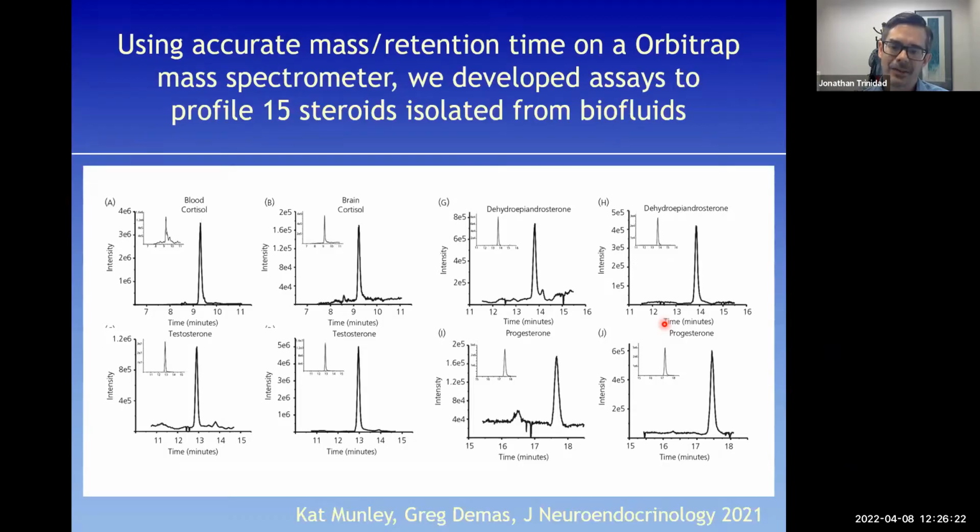So looking at how steroid compounds vary in the blood or the brain of rodents and how that tracks with aggression. And so we've set up assays. If you're a mass spectrometrist, you might expect these typically to be done in a triple quadrupole instrument, which is a type of mass spectrometer that's really designed to do nothing but quantify compounds of known interest. We're sort of playing around.